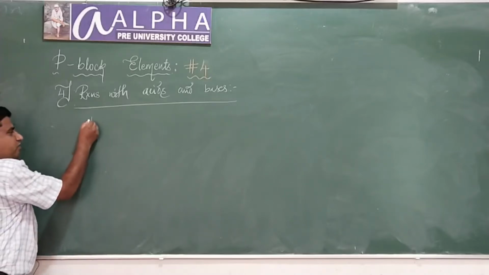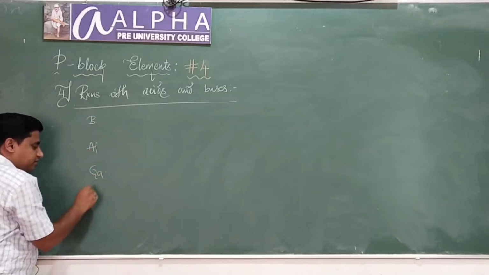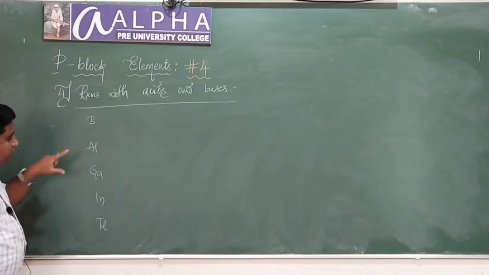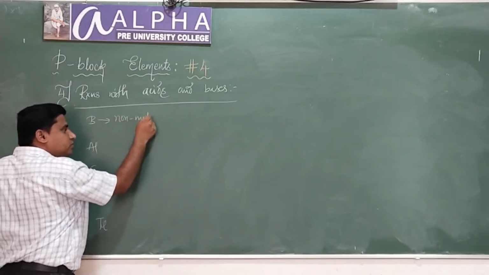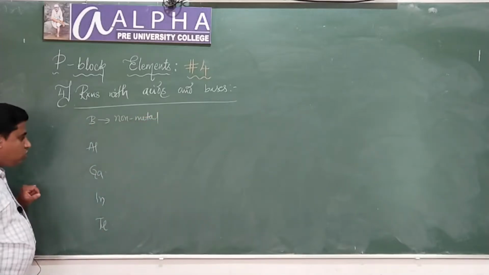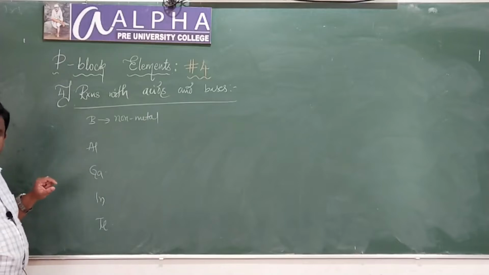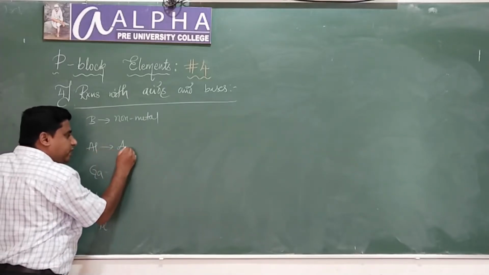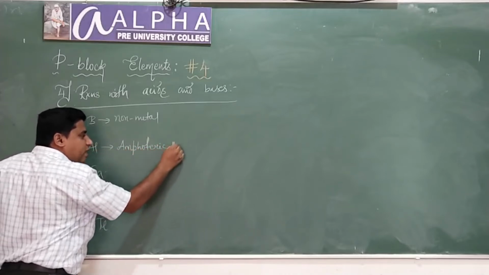We have boron, aluminium, gallium, indium, and thallium. We know boron is a non-metal, whereas aluminium, gallium, indium, thallium are metals. Aluminium is an amphoteric metal.